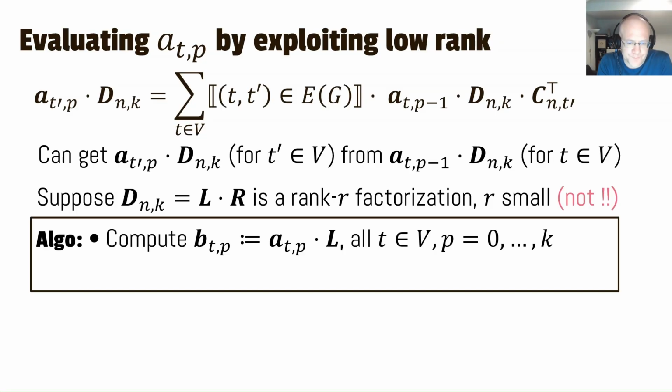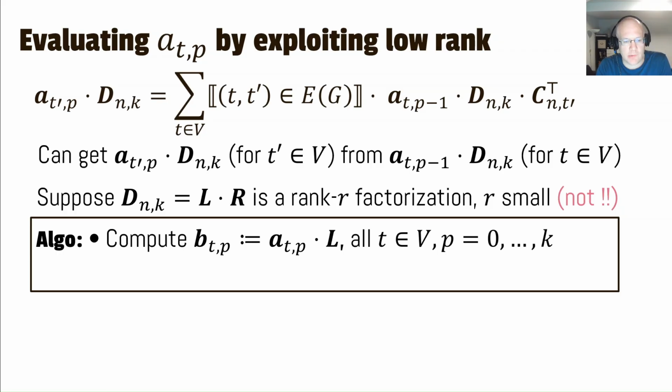So what we can do is compute the vector B_{t,p}, which is defined as A_{t,p} times L, and we are going to compute this bottom up. So we start with p is 0 and then all the way to k. And this, by the way, connects with this representative sets approach that I mentioned. So I translated these things into linear algebra now, but often this B is called the representative set for A.